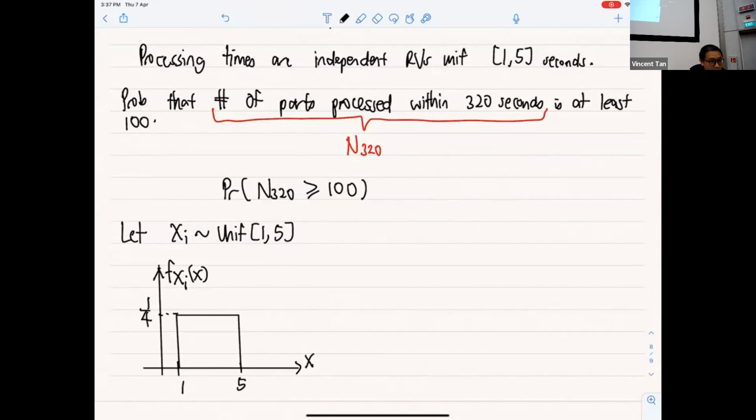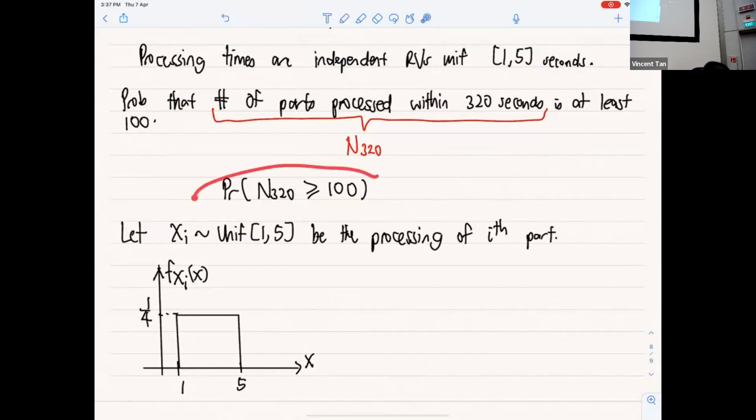Let xi be the processing time of the ith part. So what we are interested in is basically this probability.